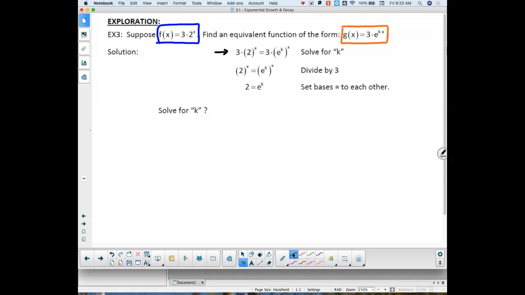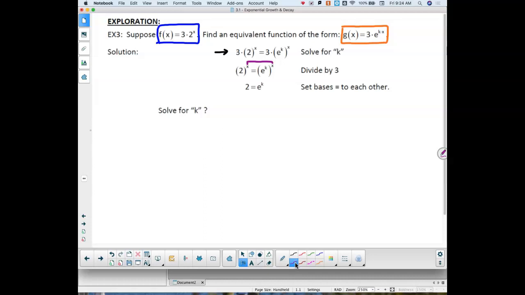Now, since I have equal exponents right here and there, that means that because this is an equality, the bases have to be equal. So I could think about it as taking the x root of both sides. If I take the x root of both sides, then I get 2 equals e to the k power.